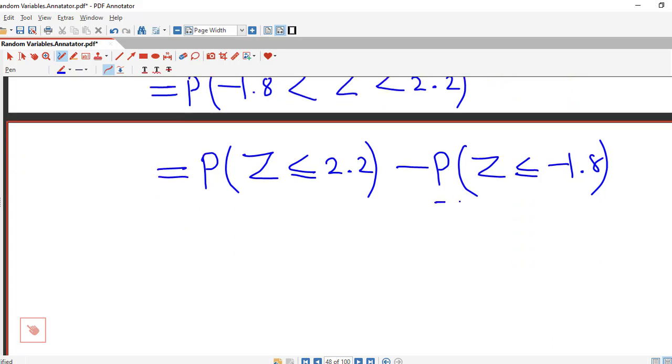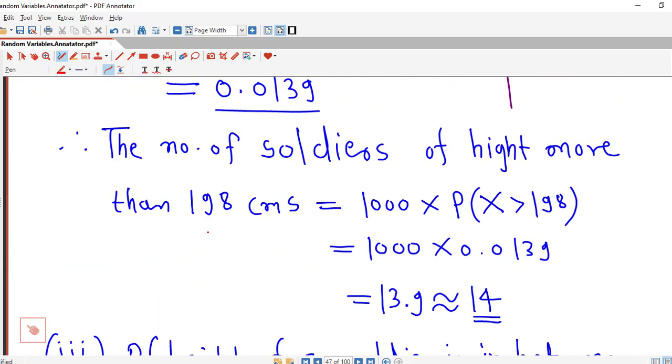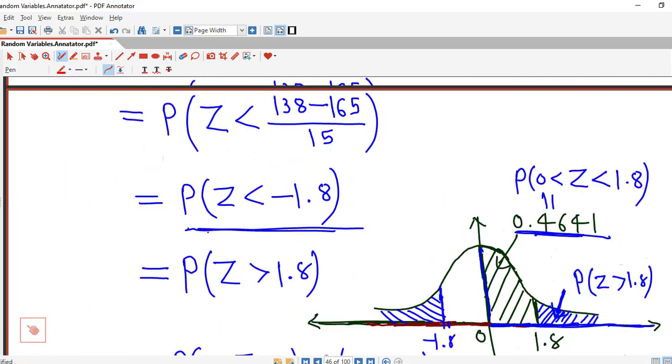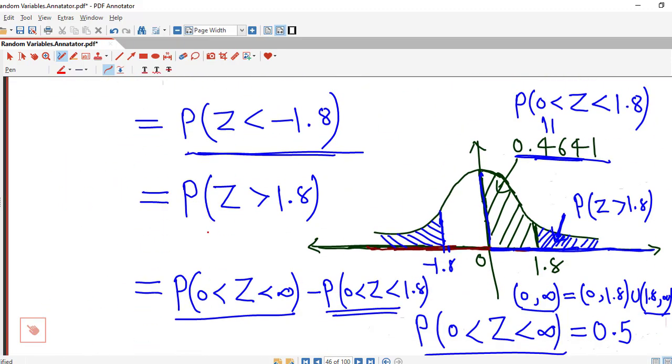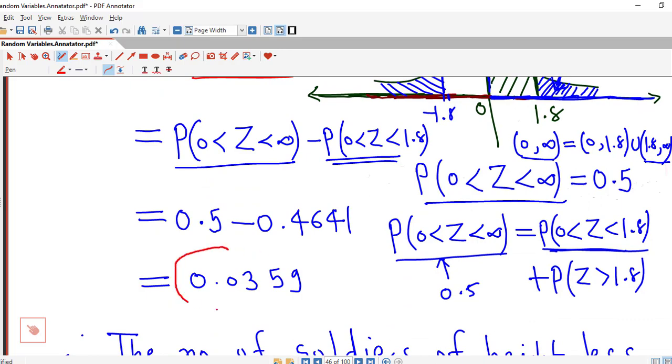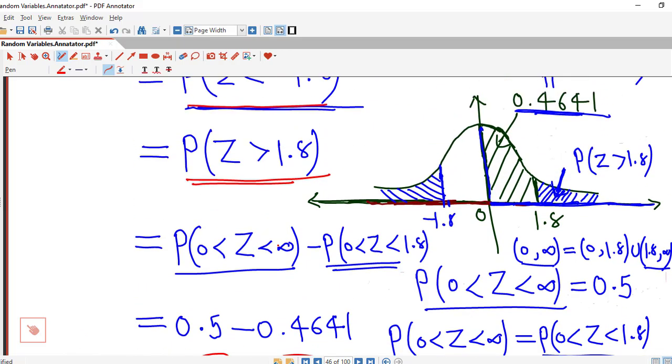If we consider this probability, we have already obtained it in part 1: the probability that Z is less than or equal to minus 1.8. If we observe, the probability that Z is less than minus 1.8 is equal to the probability that Z is greater than 1.8, and it is nothing but 0.0359.